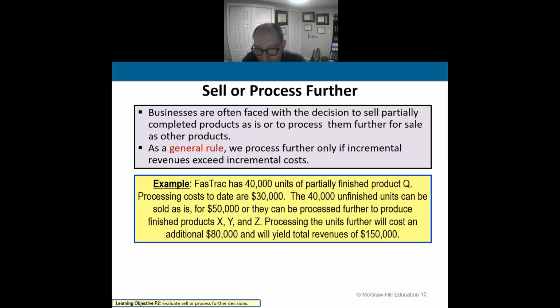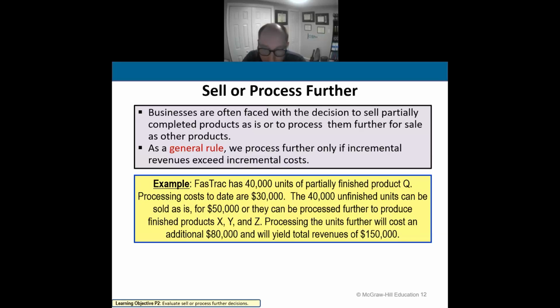The 40,000 unfinished units can be sold as is, just barrels of oil, for $50,000. That'll give me a revenue of $50,000. Or I can further process the oil and create kerosene, gasoline, and additional petroleum products.